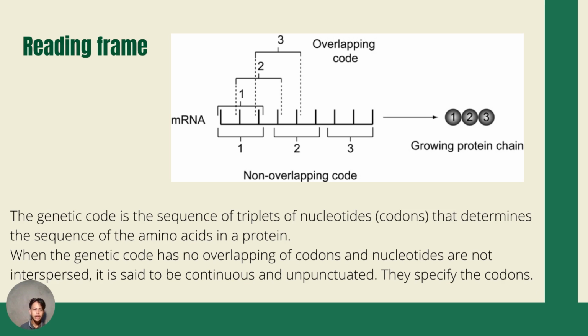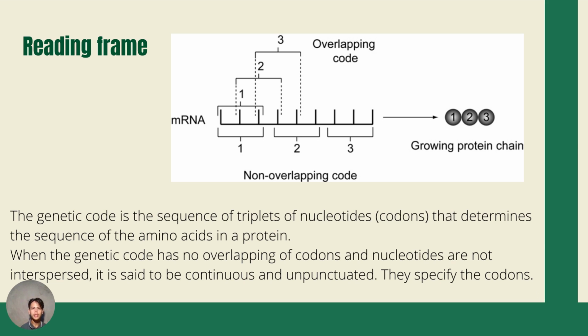So, the genetic code is the sequence of triplets of nucleotides, codons, that determines the sequence of amino acids in a protein. When the genetic code has no overlapping of codons, and nucleotides are not interspersed, it is said to be continuous and unpunctuated. They specify the codon.